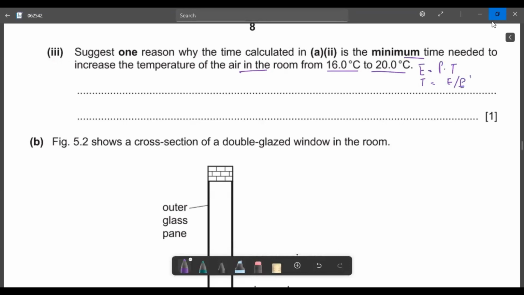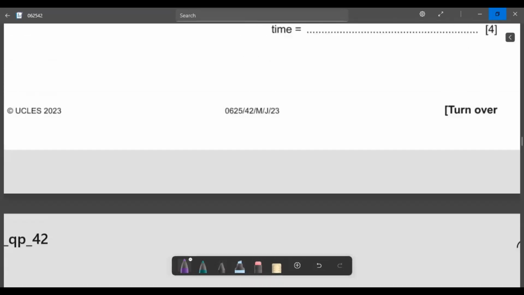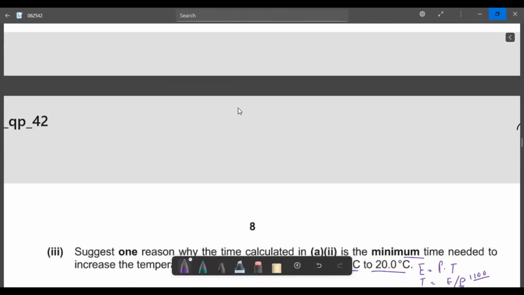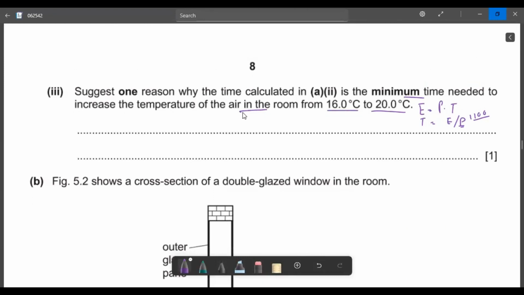Power is a constant, given as 1100, and energy we have calculated. The energy was around 316,000 joules and power is also given. As this power output remains constant, the time required to transfer a specific amount of energy is also fixed.